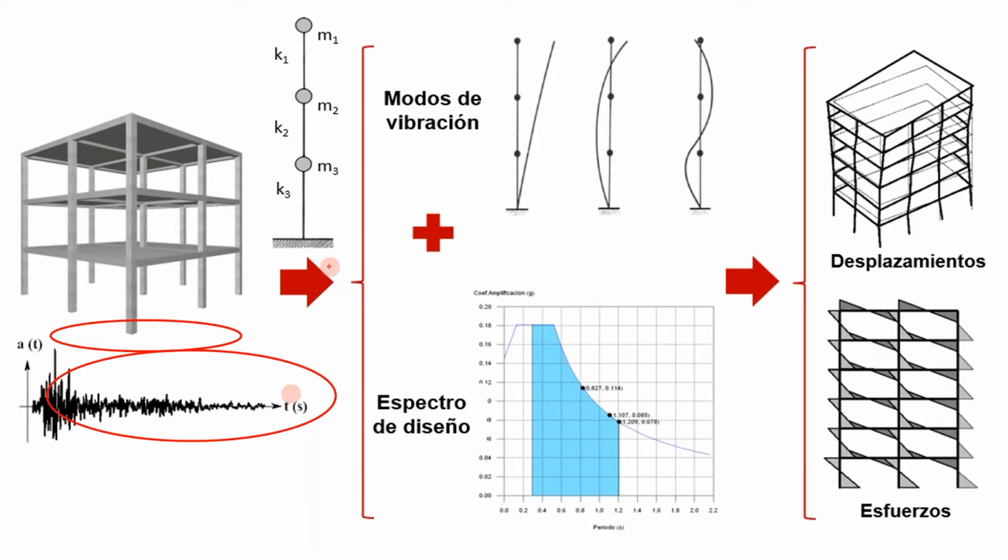It's impossible that the seismic waves happen both ways at the same time. That's why we take 100% in one direction and 30% in the other one. In the software, I'm going to show you later how to set up that part.